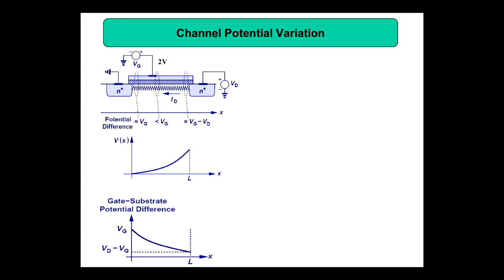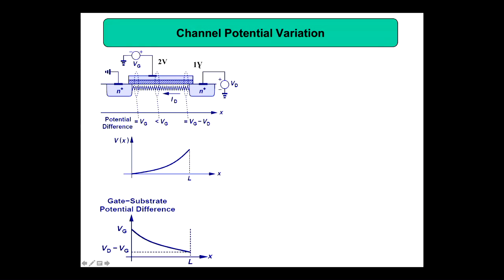Suppose this is 2 volt. If we connect the gate to 2 volt, then all the points across this line, this is a metallic or conducting plate, will be at 2 volt. Now I connect VDS: this 2 volt is applied with respect to this ground, and again I connect VD of 1 volt, with respect to this ground.